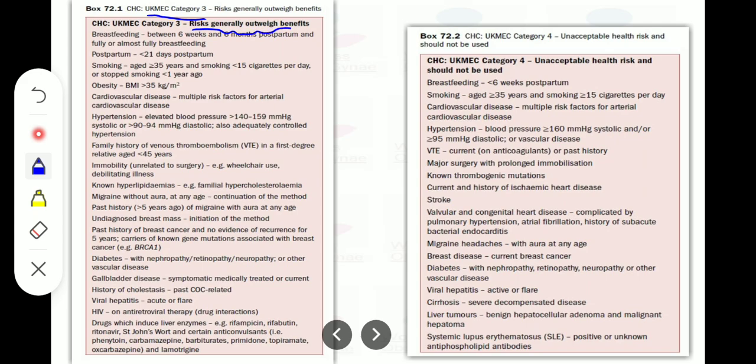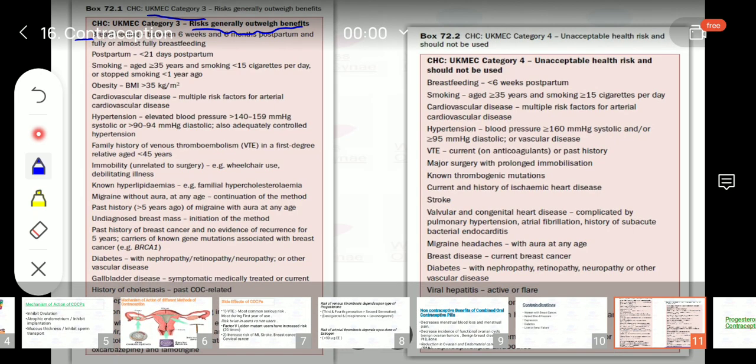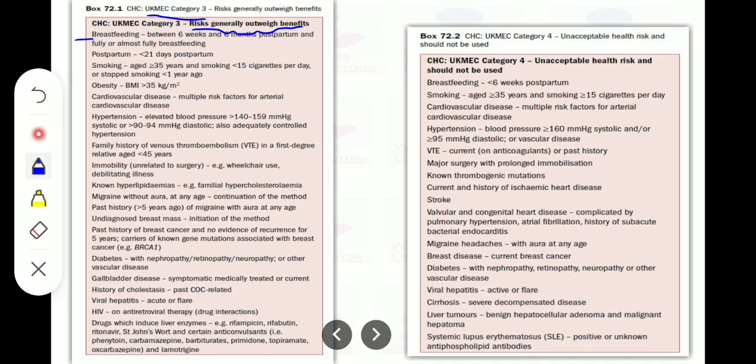The list includes the patient who is breastfeeding between 6 weeks and 6 months postpartum, and fully or almost fully breastfeeding. When you compare it with category 4, you will come across breastfeeding of less than 6 weeks. So if we have less than 6 weeks breastfeeding, that is category 4. If between 6 weeks and 6 months, that is category 3.